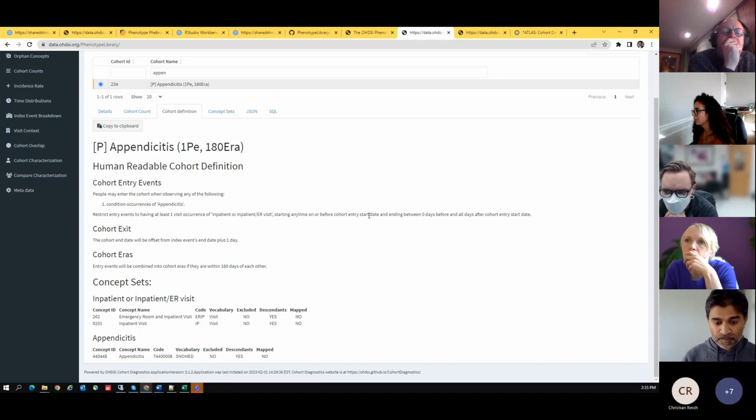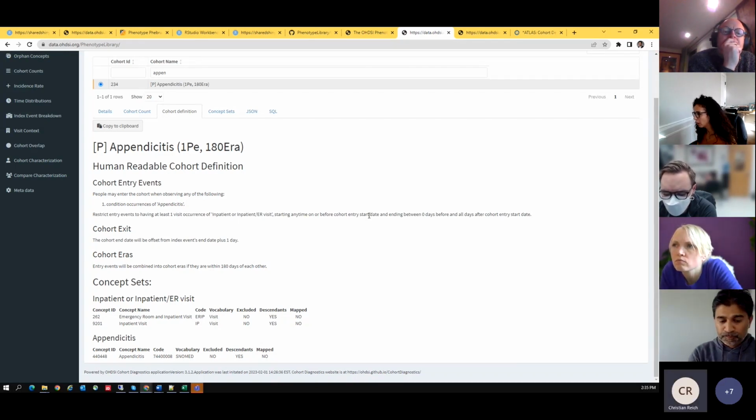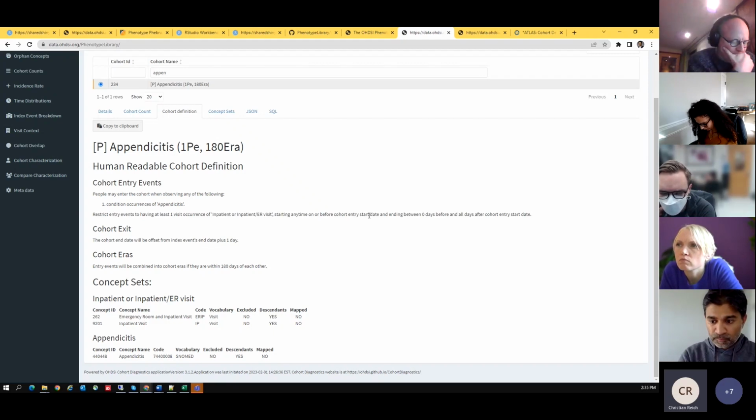So in English, that code has to occur during a visit, or at the start or the end of an inpatient or ER visit. Yeah, the code has to overlap with an inpatient visit, or ER. And obviously, you know, my rant about those criteria having to justify themselves.